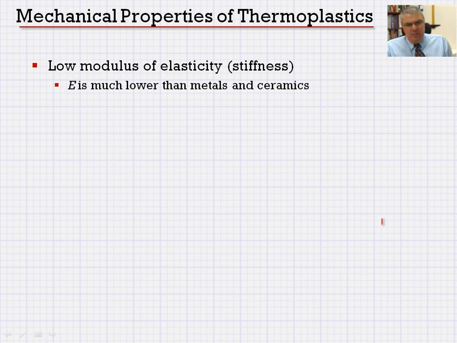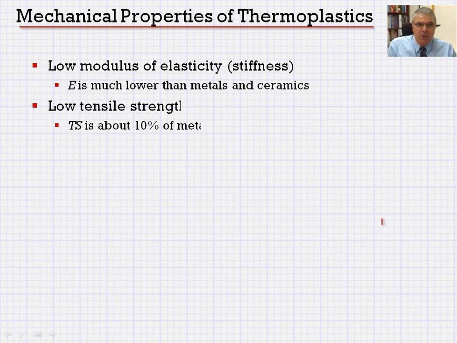Some mechanical properties of thermoplastics are noteworthy here. They have low modulus of elasticity or stiffness. E is, of course, much lower than metals and ceramics. That doesn't provide them with the attraction that they need to apply as a material when we need the strength. So they become less attractive in that department.